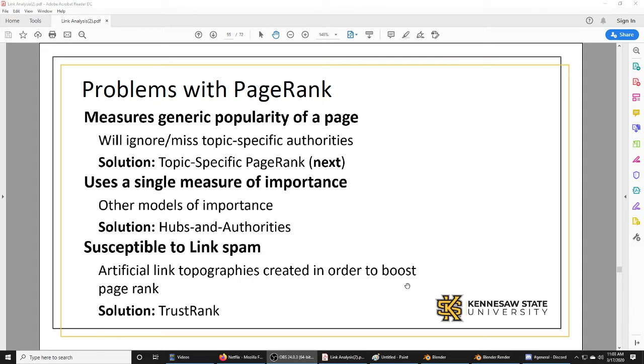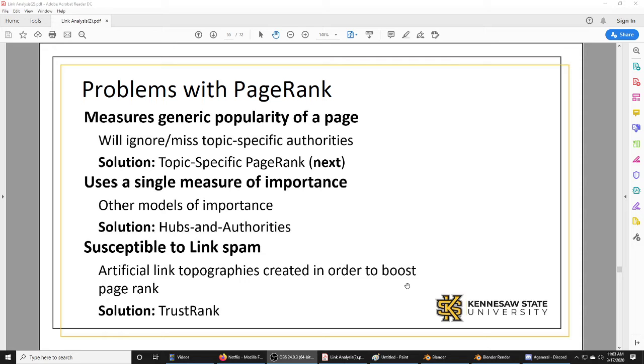It measures generic popularity of a page. It will ignore and miss topic specific authorities. What they're saying here is that, let's say you want to know about basketball, and so you type in New York, or New York Knicks.